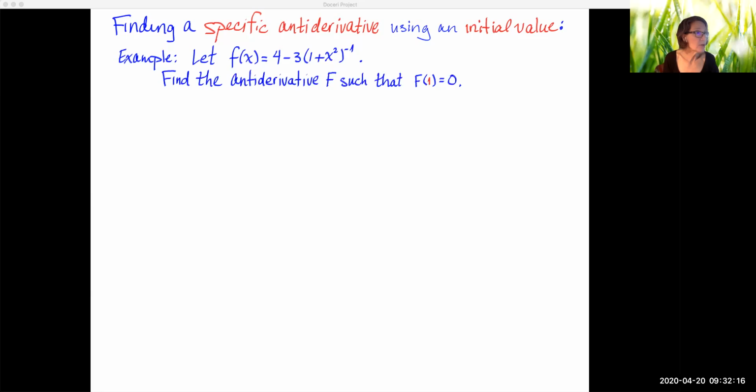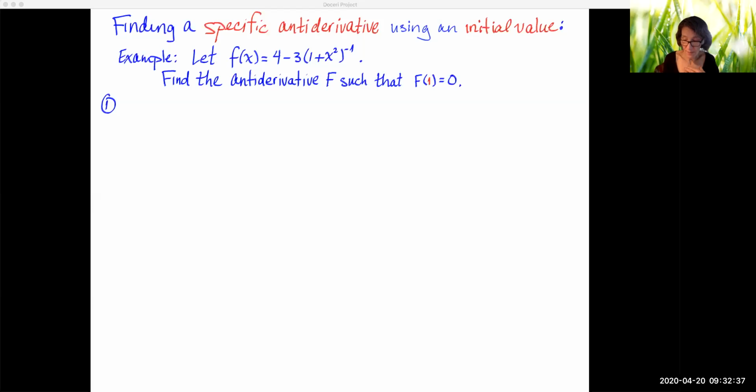So what I want you guys to try this one. Try to find the general antiderivative of the little f of x function, and then try to solve for that constant using the initial value.